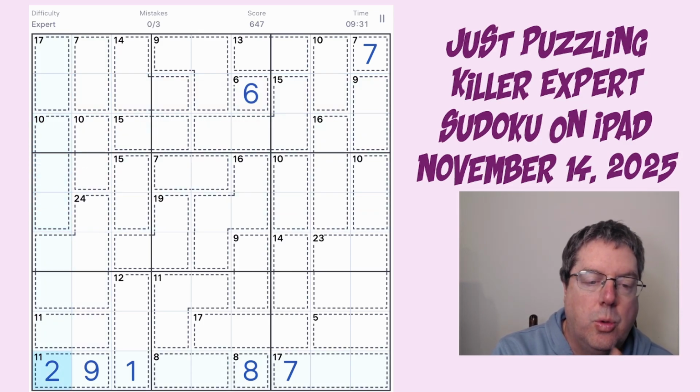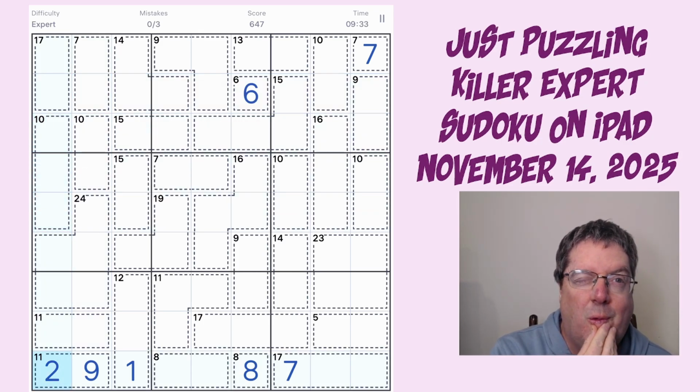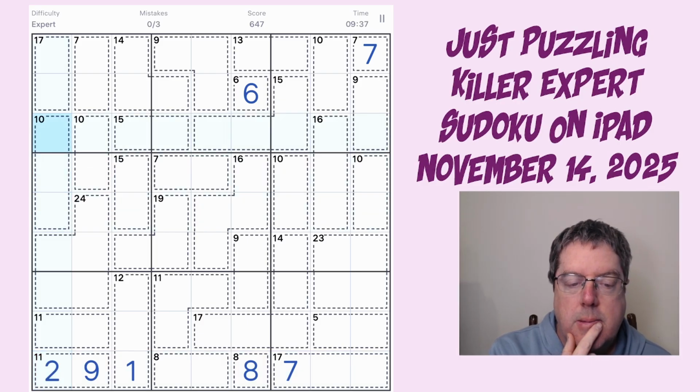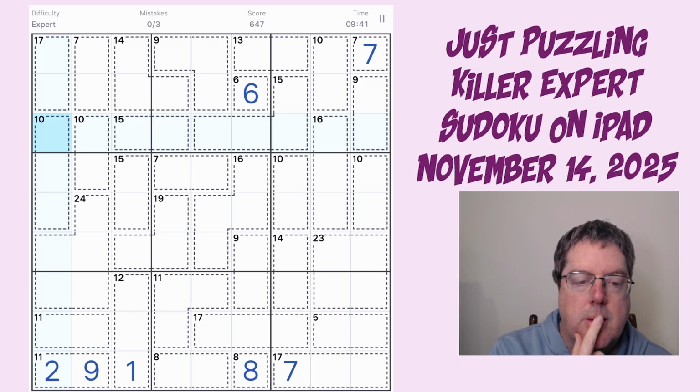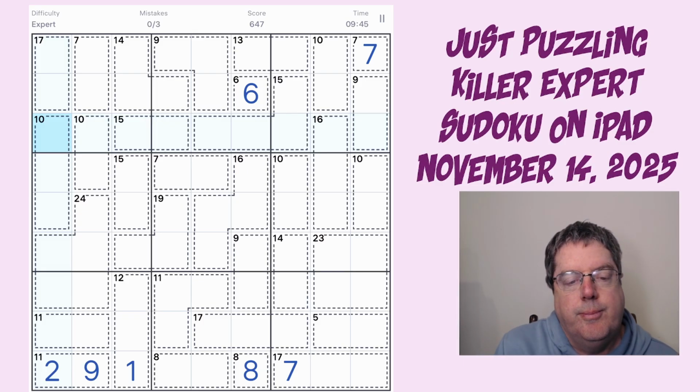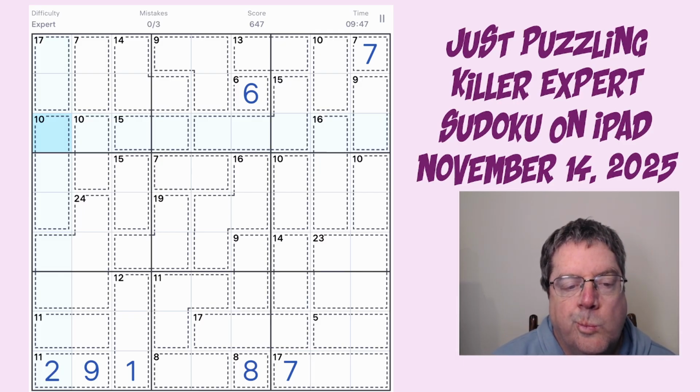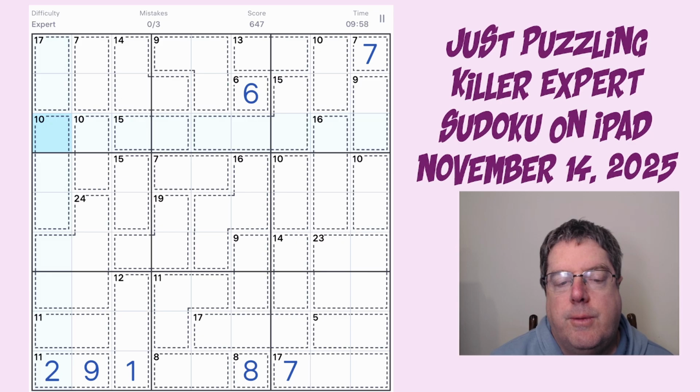Can't, without the 2 I can't have anything else. 3, 4, 5, no. So that 1 is in there somewhere. 8, 9. 6. So it can be 2, 3, 4 and 1, 3, 5. So 3 is in there.